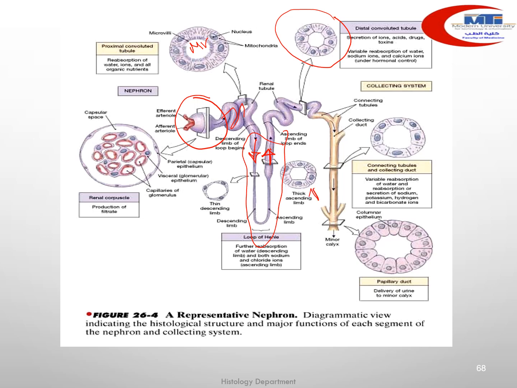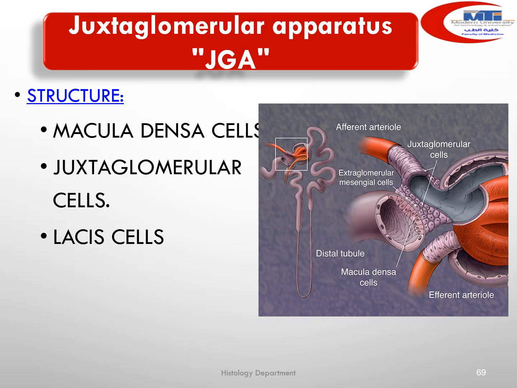The thick part is lined by cuboidal epithelium, and the thin part is lined by simple squamous epithelium. You have the cortical collecting tubule, medullary collecting tubule and papillary collecting tubule. You have pale and dark cells, which are the principal and intercalated cells of the collecting tubules.